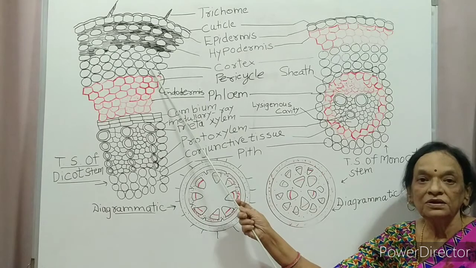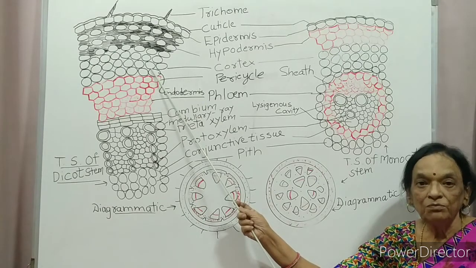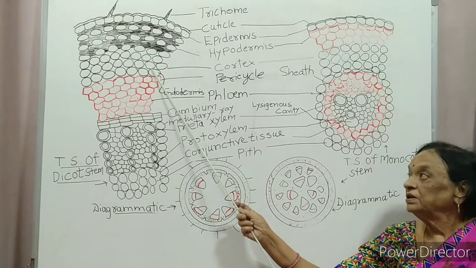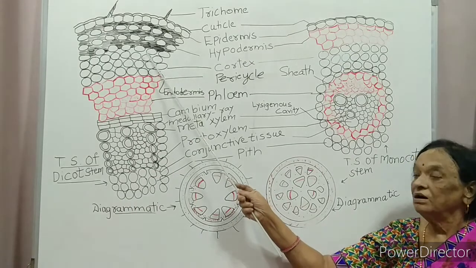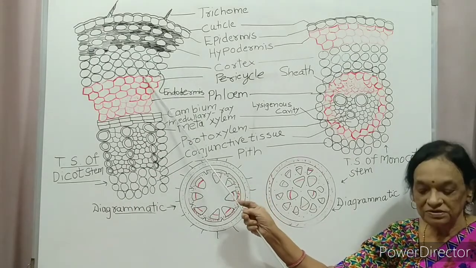You have studied whenever cambium becomes active, it starts producing new cells towards the outside and inside.